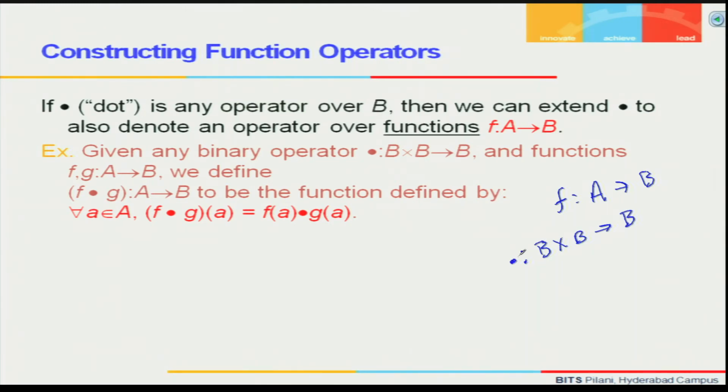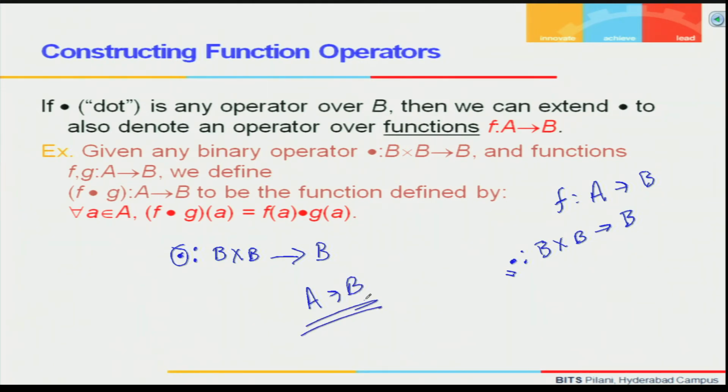This dot is a function acting from the Cartesian product B cross B to B. When we are given these two things, then this particular operator is in fact operating on the set of all functions that we can define from A to B. Here what I mean is, when I have an operator like this, from B cross B to B, then this operator is actually operating on all the functions that can possibly be defined from A to B.